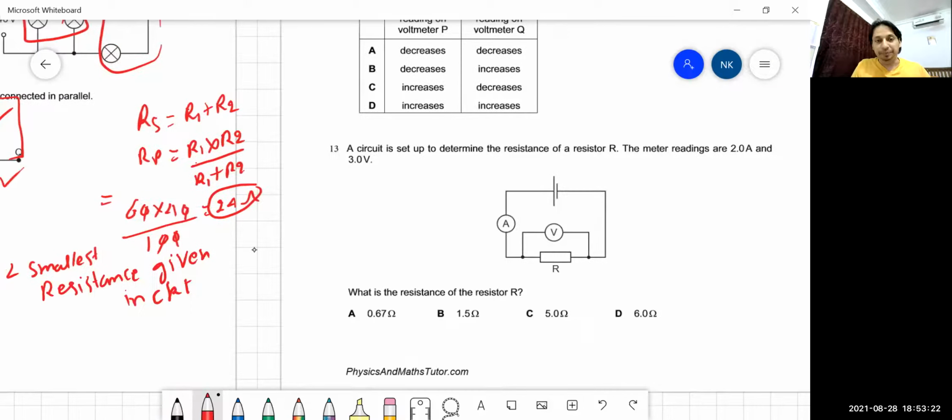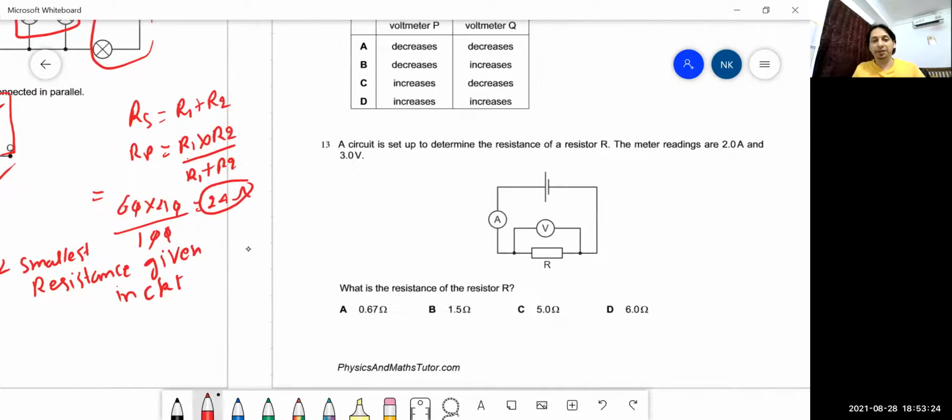Question number 13. A circuit is set up to determine the resistance of a resistor. The ammeter reading is 2 ampere and the voltmeter reading is 3 volt. What is the resistance of the resistor? You have to calculate this resistance. The voltage measured by the voltmeter is 3 volt.